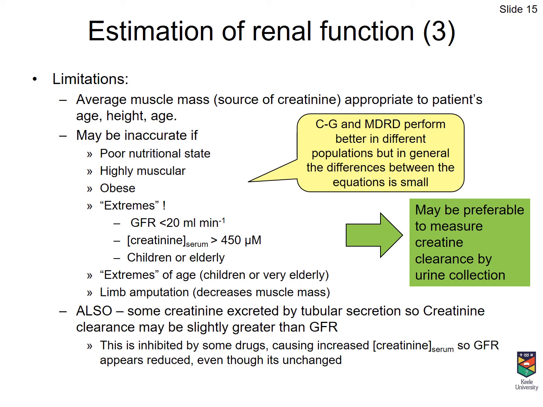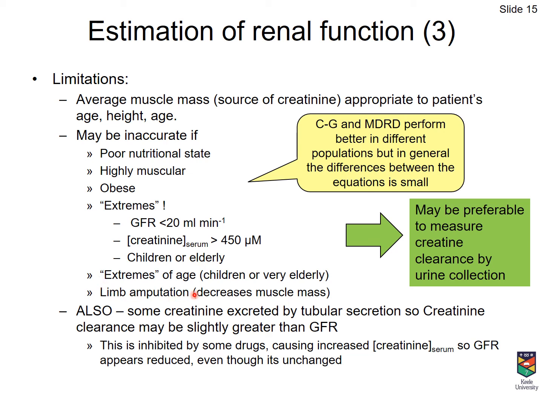And then the equations actually break down at extremes of creatinine clearance and glomerular filtration rate. So if glomerular filtration rate is less than 20 mils per minute, that's very low indeed. The calculations don't quite work out, and if the serum concentration of creatinine is very high, it's also a problem. And they're also less predictive of what's going to happen in children or the elderly.